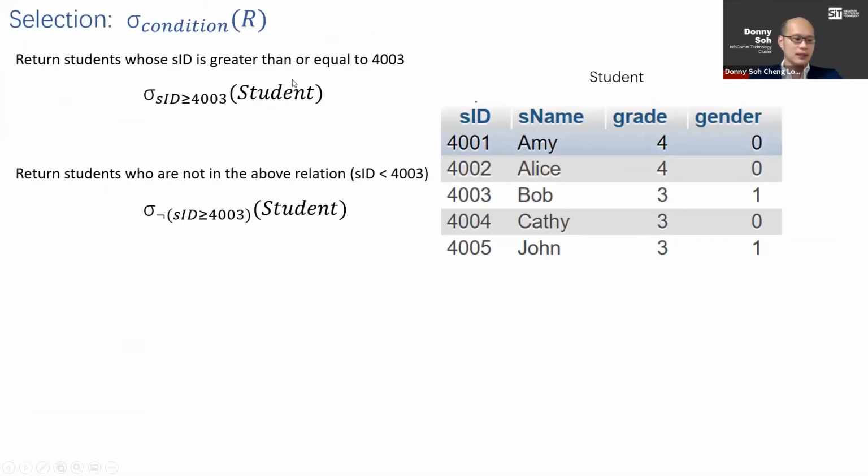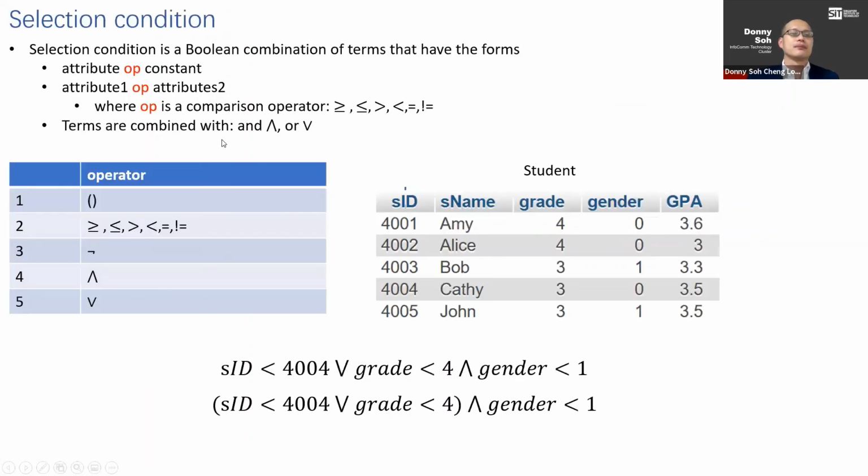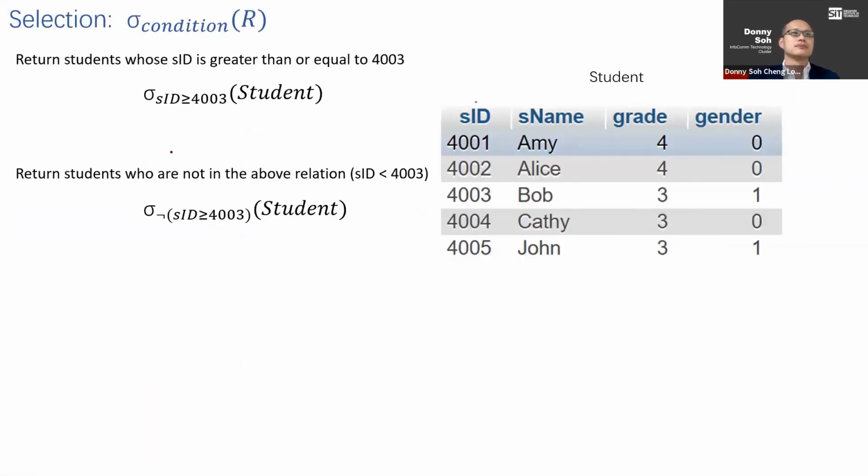So yeah, I have 1 minute to clarify. So return SID greater than or equals to 4003. So this will be it. This will be students with SID greater than or equals to 4003. And this will be the students who are not in the above relationship.